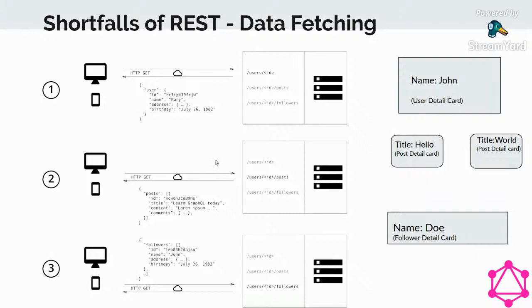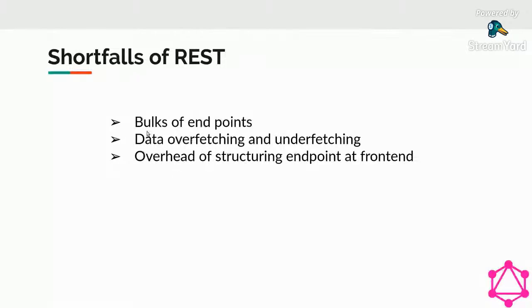Maybe many of you think it's okay to call 3 APIs, but when it comes to an e-commerce website or a very big website, where on one page you have to call 10 to 20 APIs, then it's not desirable. The majority of big companies always prefer that your whole API call should take less than 800 milliseconds, and that can't be satisfied. So for one thing I need to call these 3 APIs, which shouldn't be there, right? So this is called the bulk of endpoints.